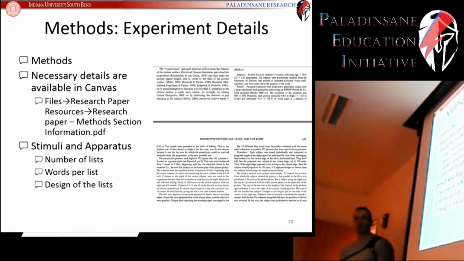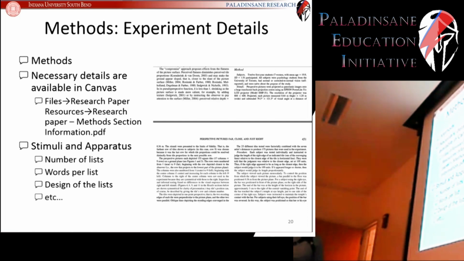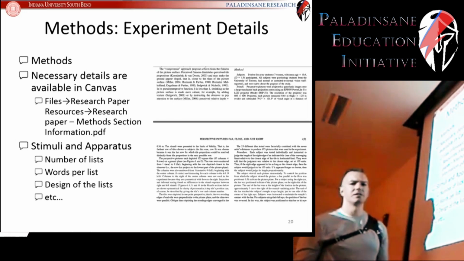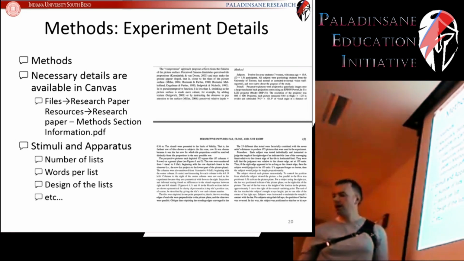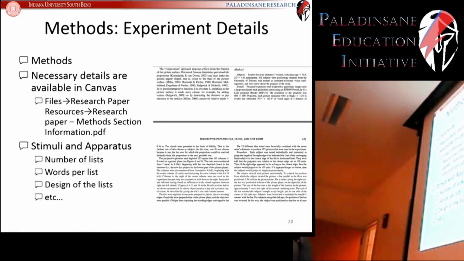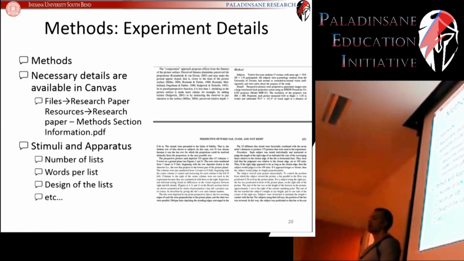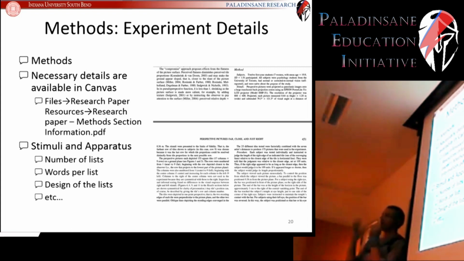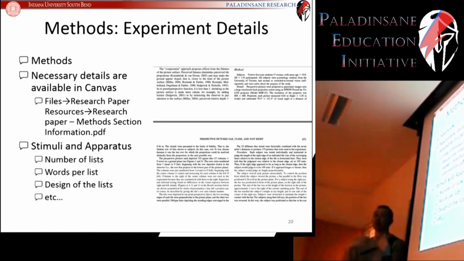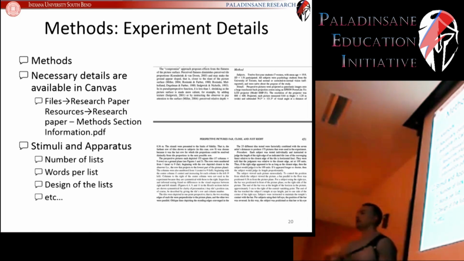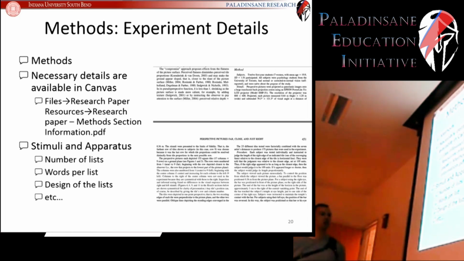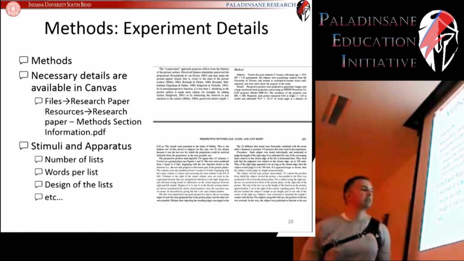That's an important component of the design. And then again, other details that you can find in this method section information here. So for example, how are the lists presented? They're presented using PowerPoint, using a screen, pencil and paper to write down the information. That's all stimulus and apparatus.